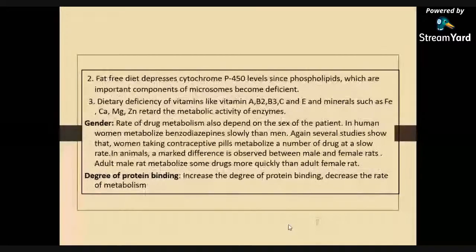A fat-free diet decreases the cytochrome P450 level since phospholipids, which are an important component of the microsomes, become deficient.